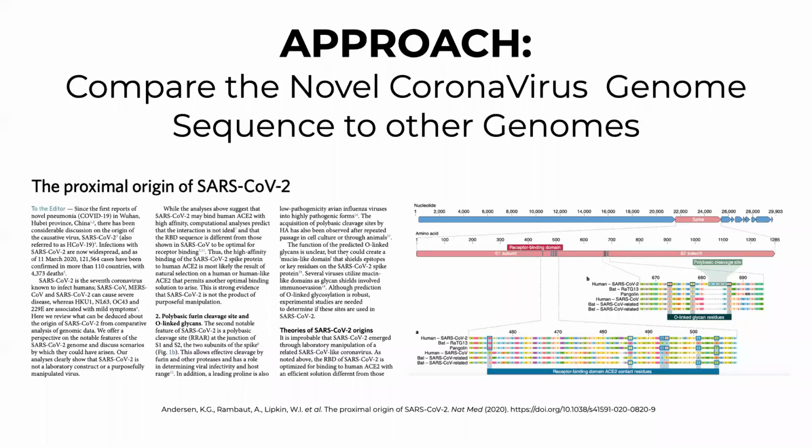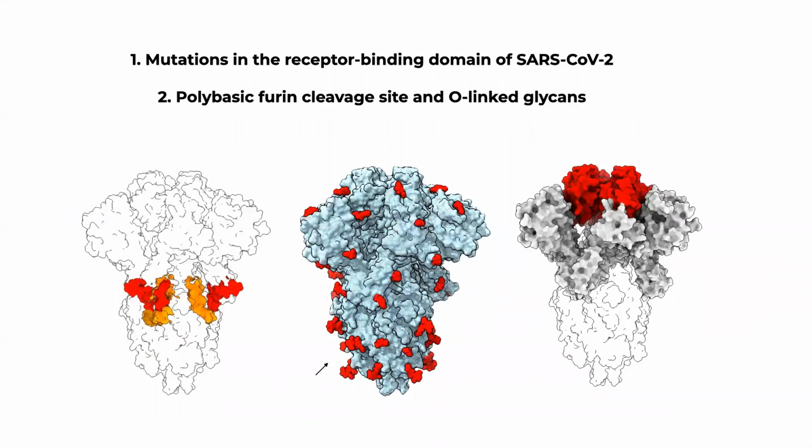So here we focused on specific areas of that key protein, the spike glycoprotein, where we looked at mutations in the receptor binding domain, the polybasic furin cleavage site, and O-linked glycans. These help us understand the binding of the spike glycoprotein to the ACE2 receptor, the cleavage of the S1 subunit, and then cell fusion, which is where the S2 subdomain plays its major role.